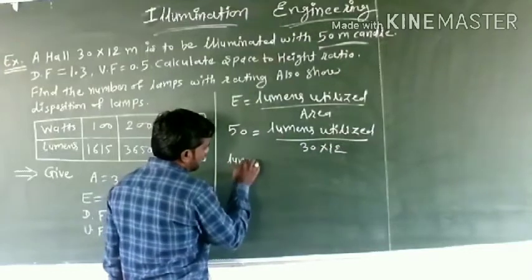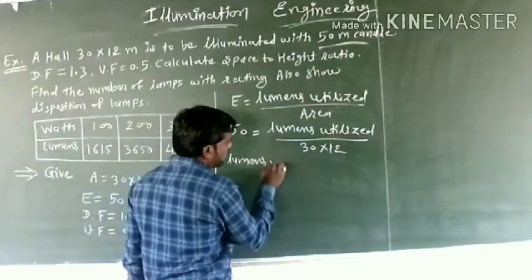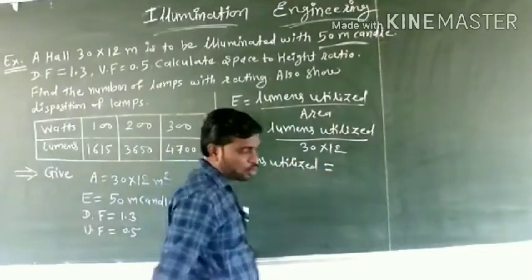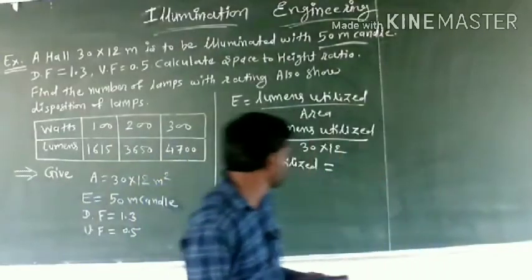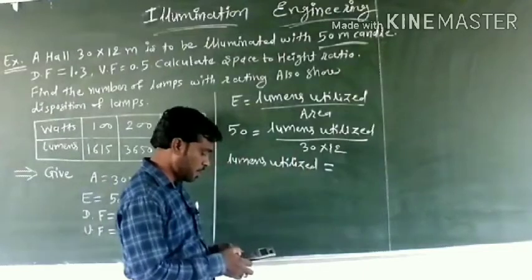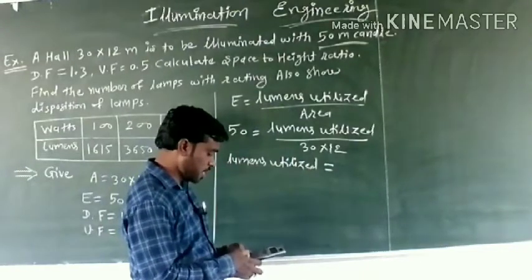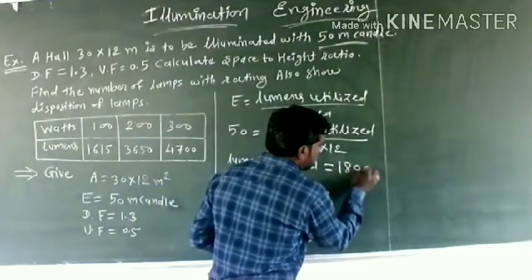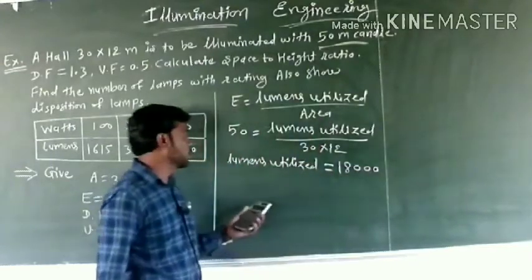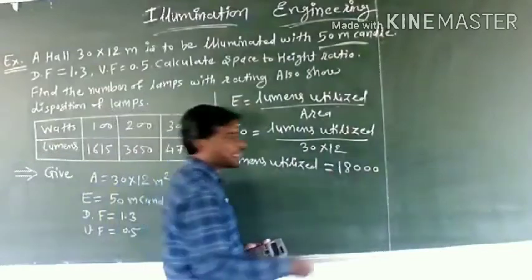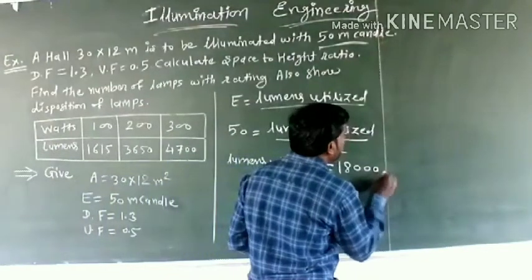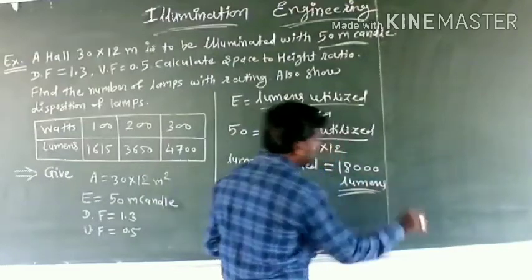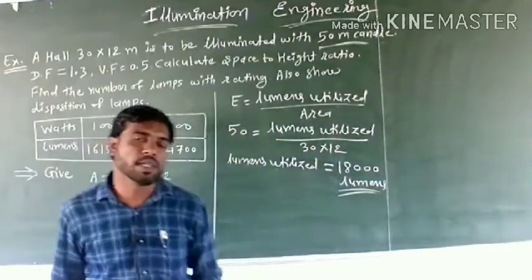So we get lumens utilized is equal to 50 into 30 into 12, we get 18,000. The unit of lumens utilized is lumens. So here is the value of lumens utilized.